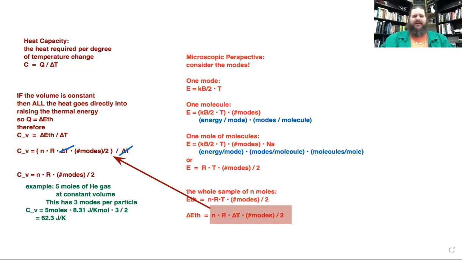So that would be the heat capacity of that sample, in the sense that if you have 5 moles of helium gas held at constant volume, like in a rigid walled container with either no piston or a piston locked in place, it would cost 62.3 joules of energy per Kelvin of temperature change. Kelvin or degree Celsius, if you're talking about a change, they're identical. So that should be the heat capacity. Any questions on that so far?